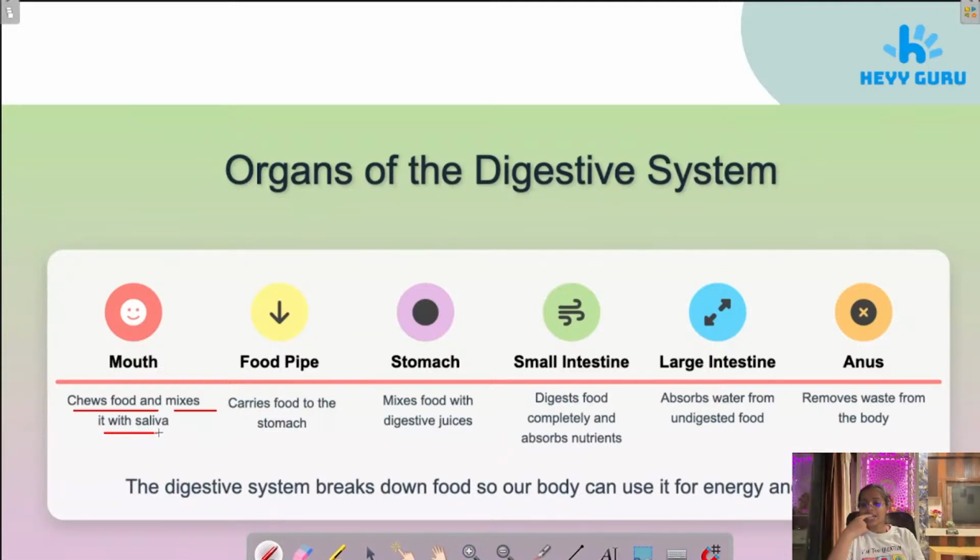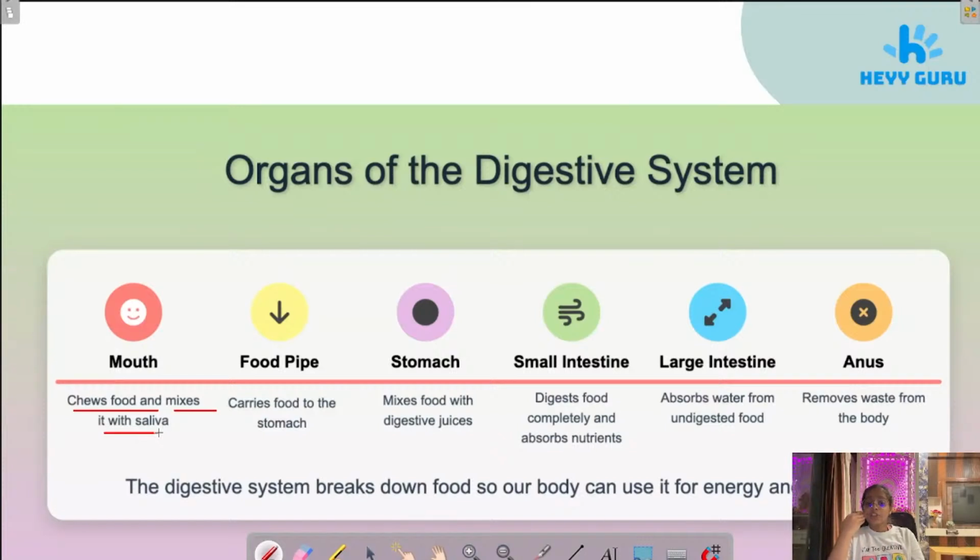You have saliva in your mouth, right? Yes or no? Yes. So that food mixes with saliva.